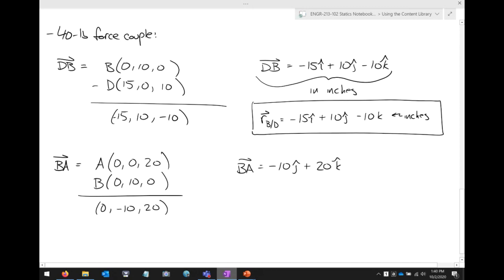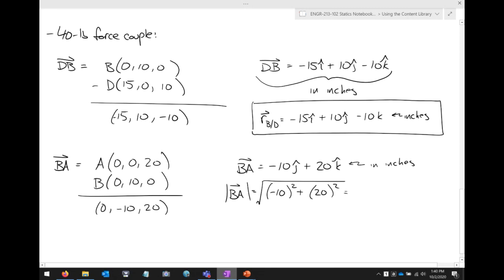We need a unit vector, because remember, how do you do a force vector in 3D? You get your distance vector, divide it by the magnitude, and then get your force vector as a result. So this is in inches. We need the magnitude of BA, which is the square root of minus 10 squared plus 20 squared.